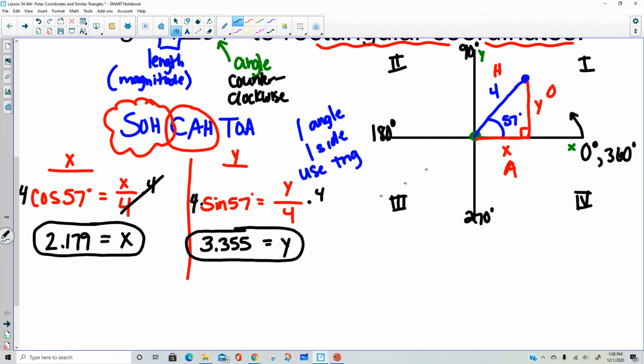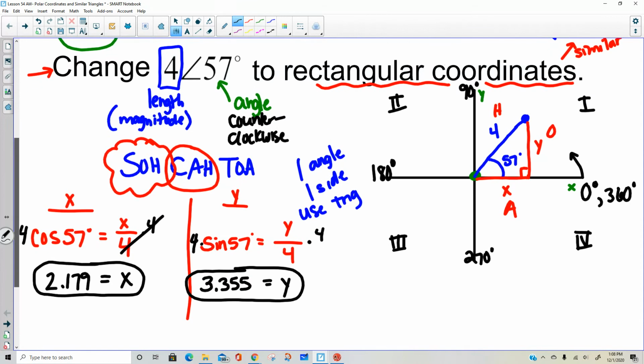Okay, so understand what we basically have done is just find the lengths of sides x and y of our right triangle. Now, what about this rectangular coordinates? What does that mean?